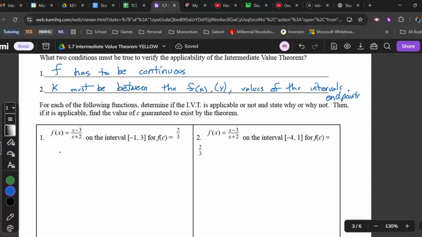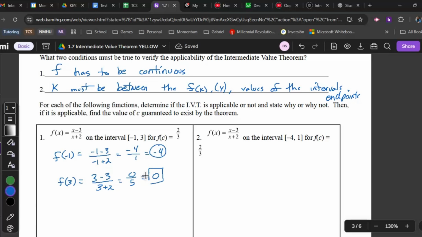So then let's check our endpoints. f of -1 is going to be -1 minus 3 over -1 plus 2, which is really -4 over 1, or just -4. Then we need to check the other endpoint, so f of 3, and that's going to be 3 minus 3 over 3 plus 2, which is 0 over 5, which is just 0.